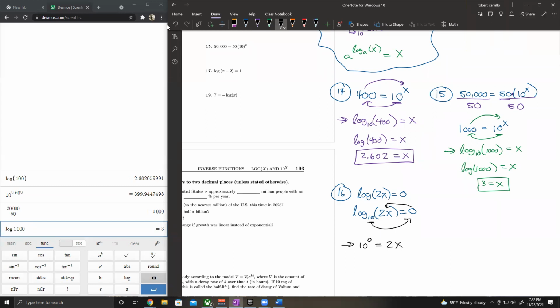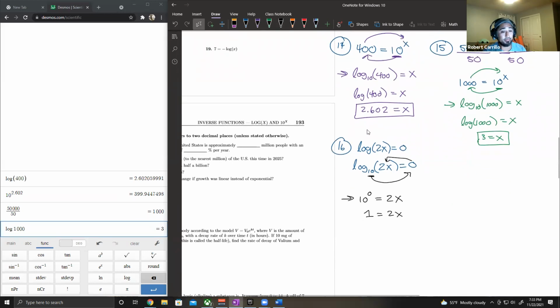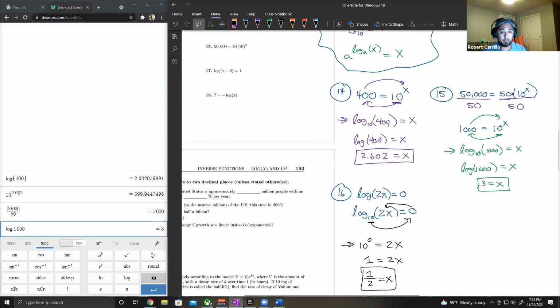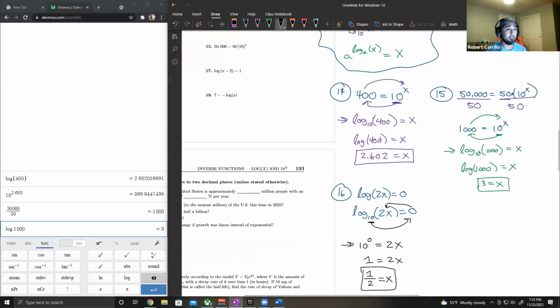Anything to the 0th power is 1. Okay. So you get 1 equals 2x, and then you'll divide by 2, and you'll get 1 over 2 is equal to x. So x is equal to 1/2. Okay. So now that was practicing going from log to exponential, which we'll get more practice on.